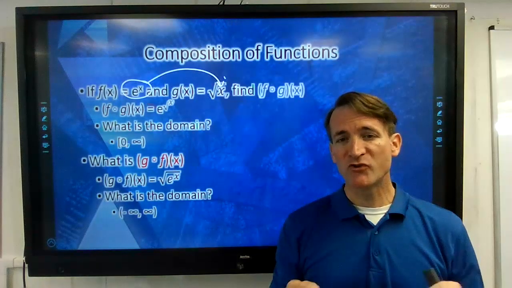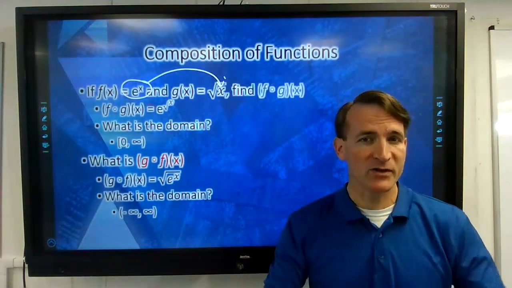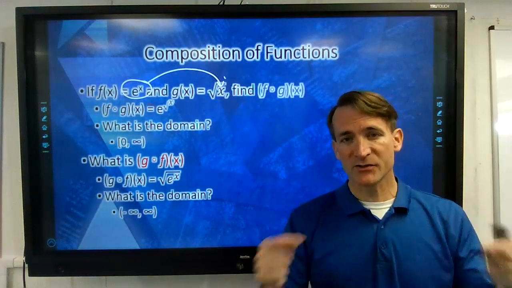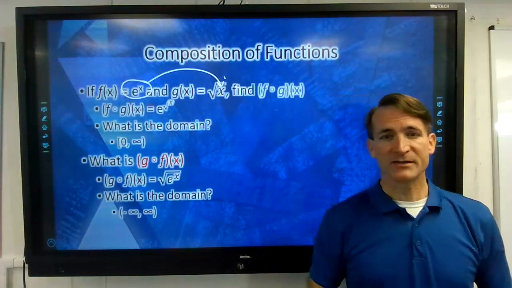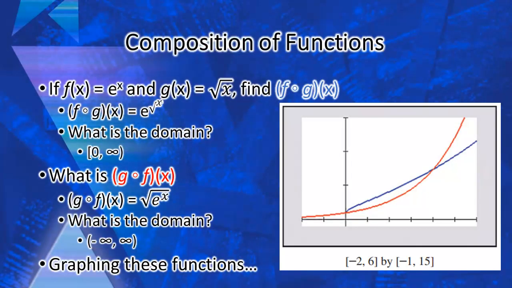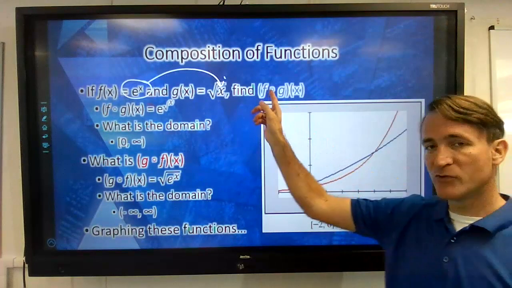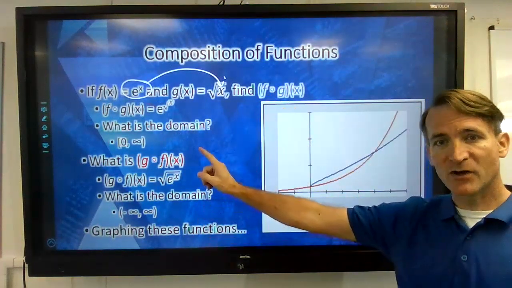So when we compose functions, we are creating a brand new function that, even though it is based on previous functions, we are acting as though it is a completely new function by itself. If I were to graph both of these functions, and I color-coded them in the blue and the red, my function here, the f composed of g of x, starts at 0.